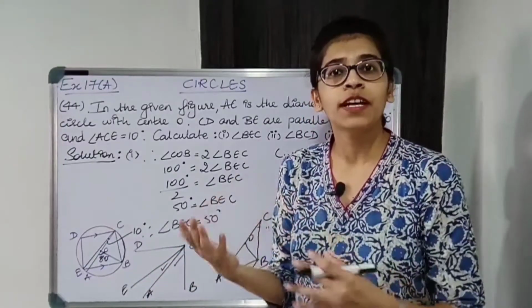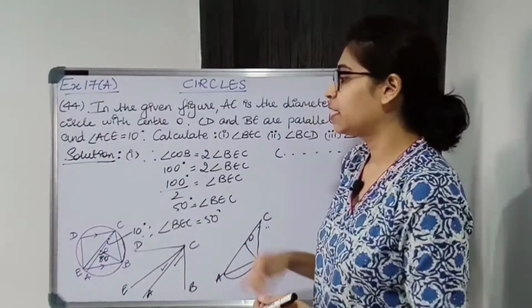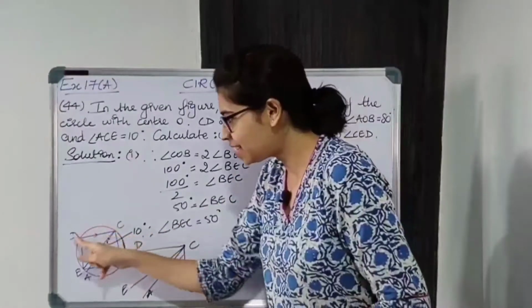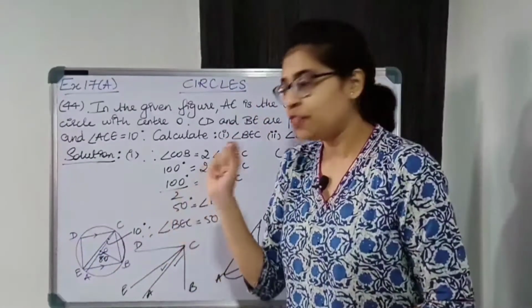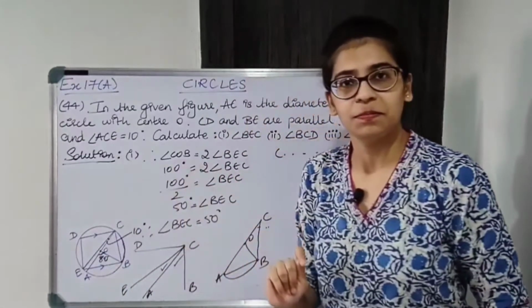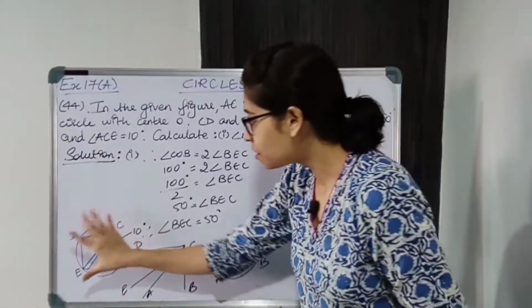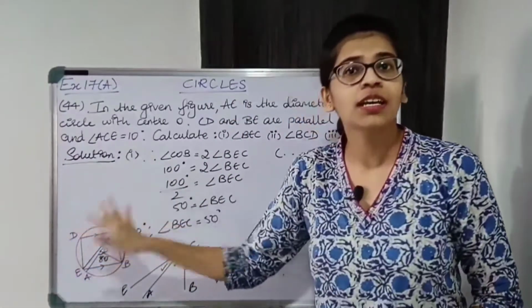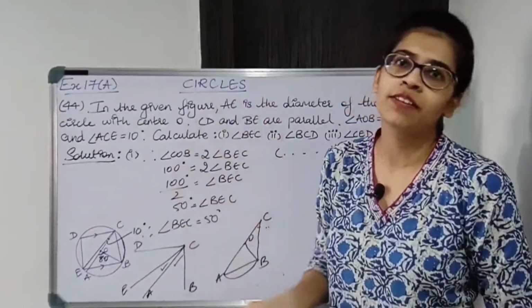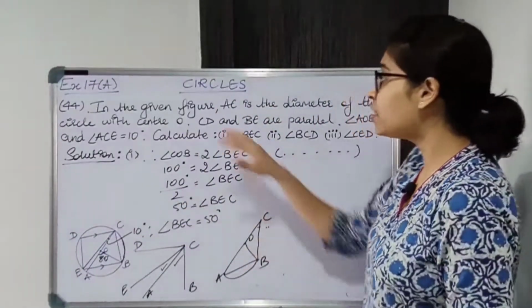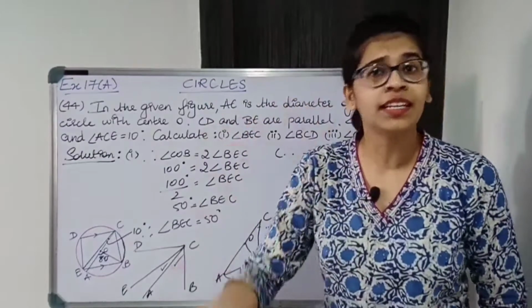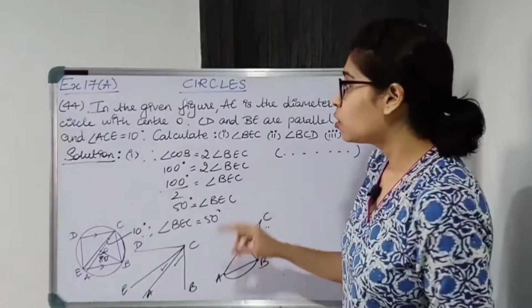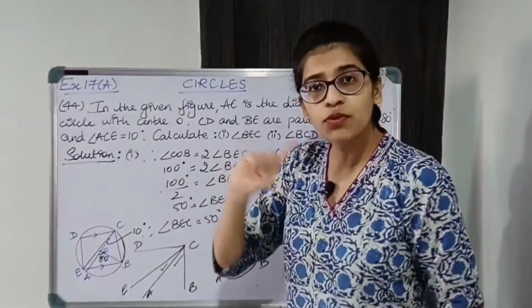नाउ हाउ विल वी फाइंड दिस एंगल? Now to find angle ECD, we will be using angle BEC. Students, the diagram is little confusing, but you need to know all the given information. So जो भी given दिया है सब एक बार वापस से read करो. Okay? Over here, both the angles are useful for us.